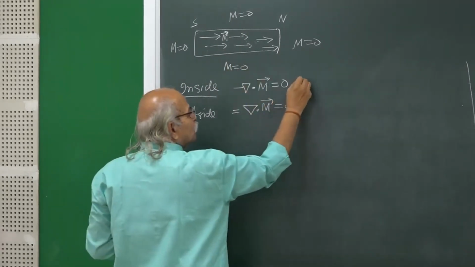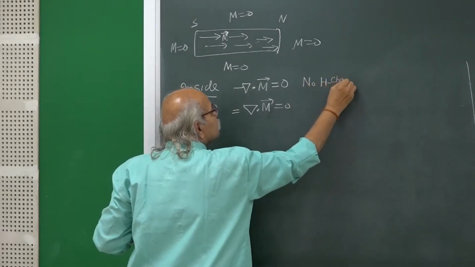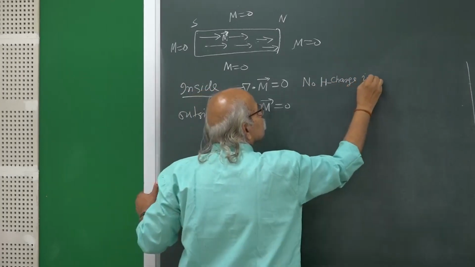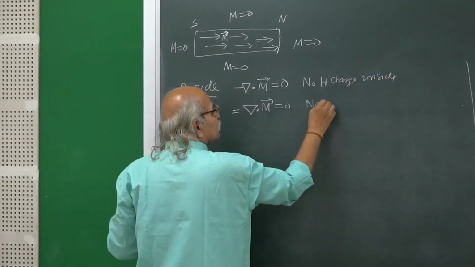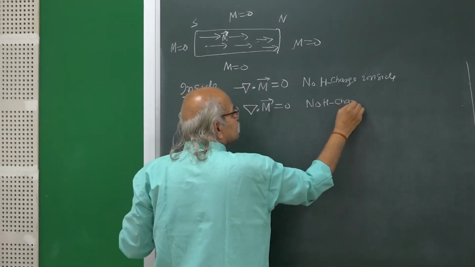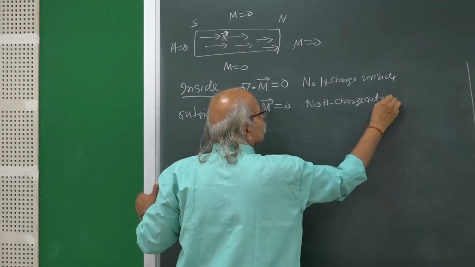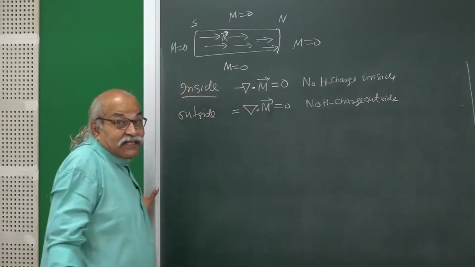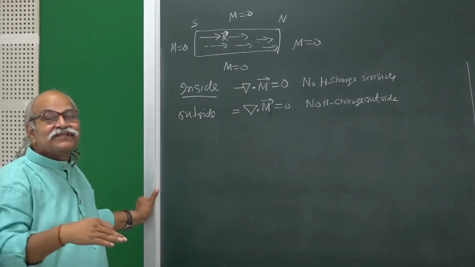So, no H charge inside, no H charge outside, then where is the charge? The charge is on the surface of this magnet.